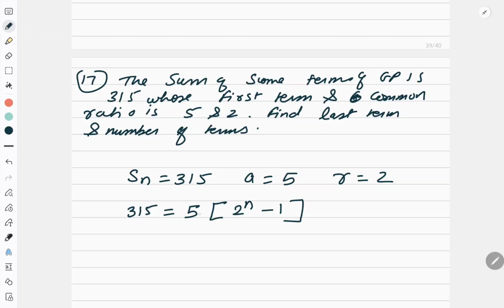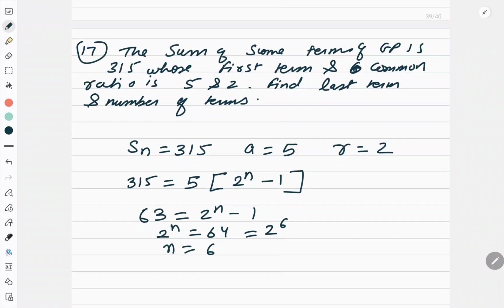Now, if I cancel this, I can write that 315 divided by 5 is 63, and 63 is equal to 2 to the power n minus 1. So 2 to the power n is equal to 64. And obviously we know that 64 is equal to 2 to the power 6. So n is equal to 6. Correct? So I got n.